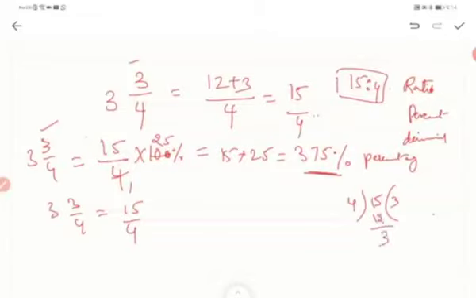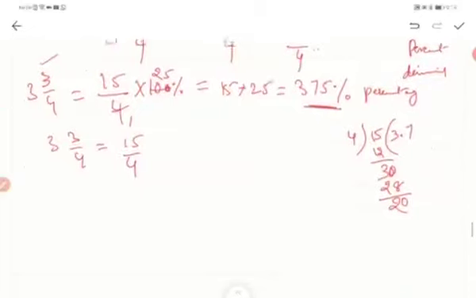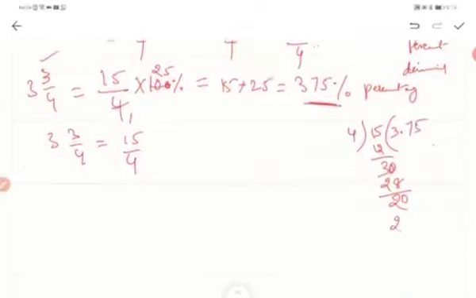I am left with remainder 3. If I keep a point here, it will be 0. So 4 how many times is 30? 4 sevens are 28, isn't it? So I will get 2. Now here the point is there, so I can take 20. 4 5s is 20. So 15 by 4 is nothing but 3.75 in decimal.